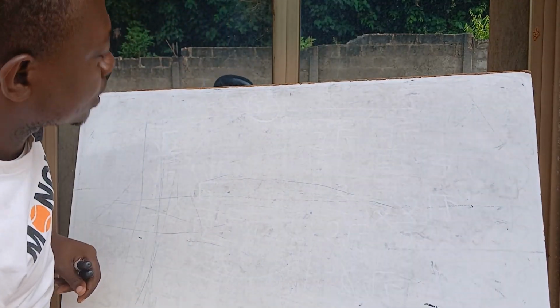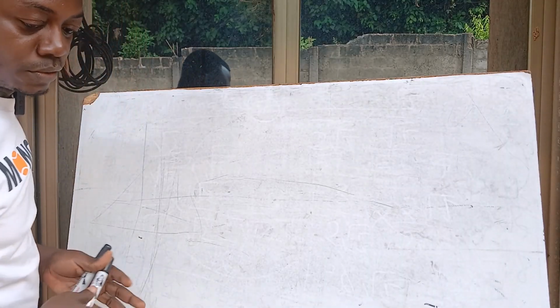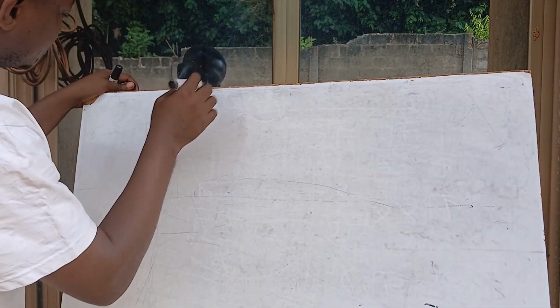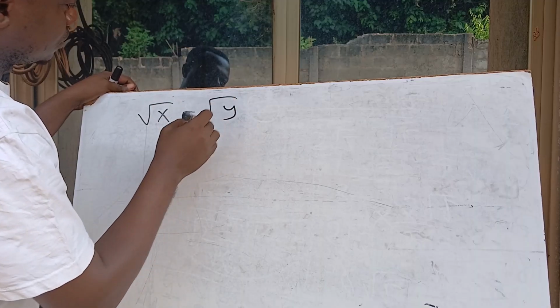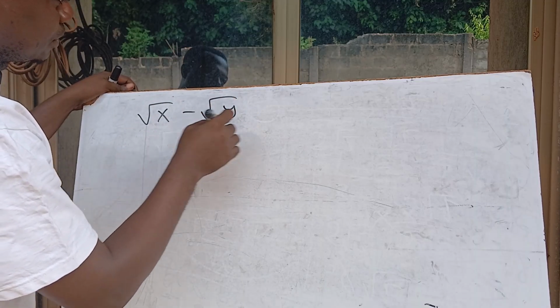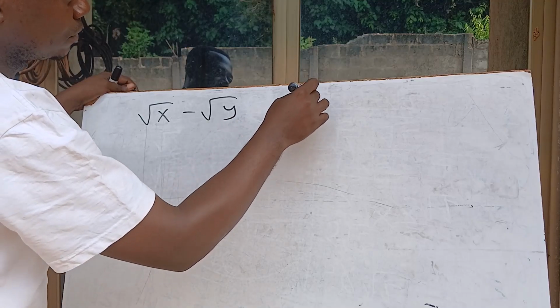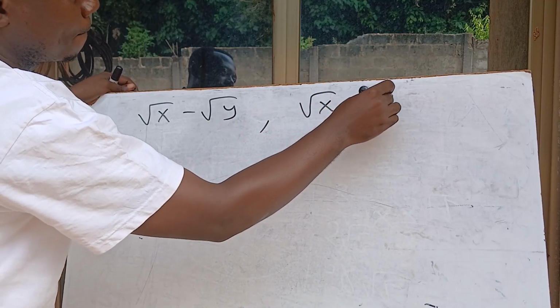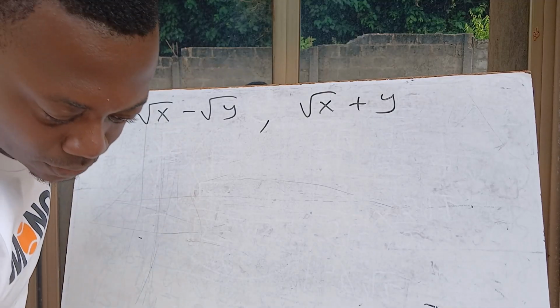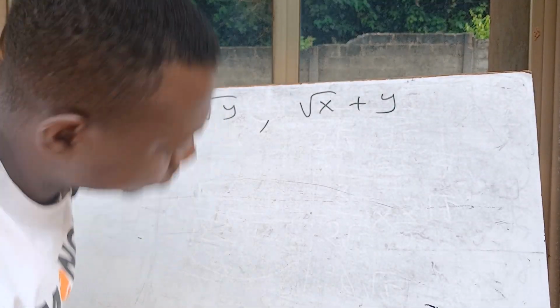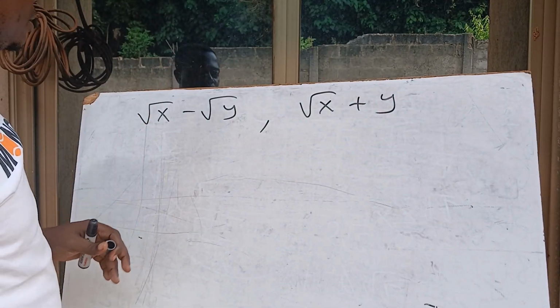Now with case 2, where the denominator looks like this, that is where we apply the conjugate. This one is very important.